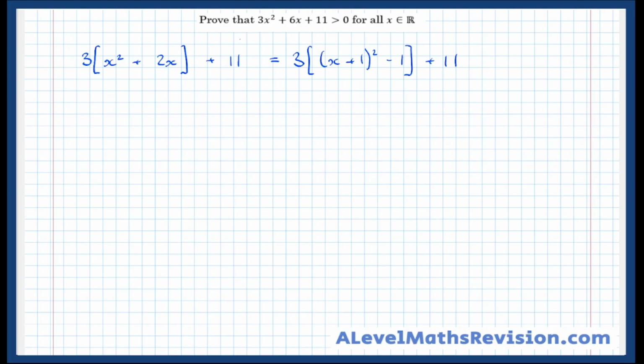And multiplying out those straight brackets, I get 3 x plus 1 squared minus 3 plus 11 equals 3 x plus 1 squared plus 8.